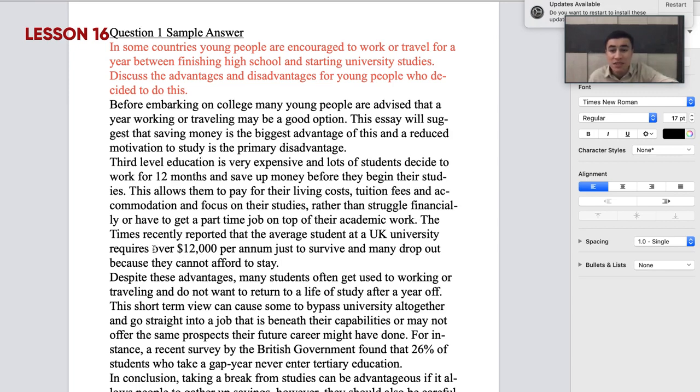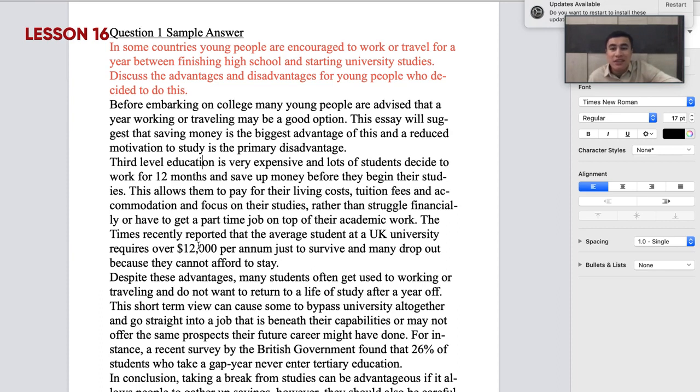The Times recently reported that the average student at a UK university requires over $12,000 per annum just to survive, and many drop out because they cannot afford to stay. So I think this is very relevant and nice example here because it says how much money students need on average.